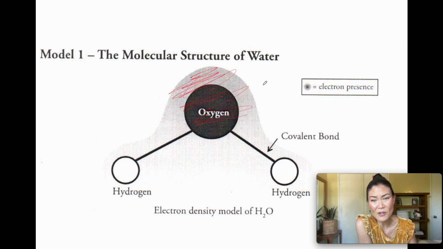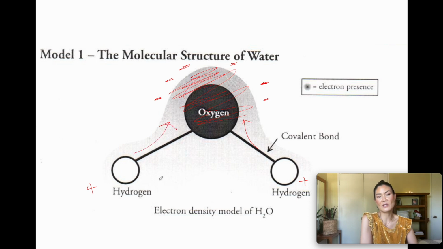So again, electrons are negatively charged, right? So there's going to be a negative charge over here, leaving the hydrogens positively charged, because electrons are moving in this direction, being pulled towards the oxygen. So that's why water is a polar molecule.